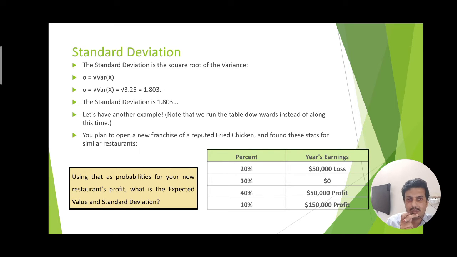So in such a case, if we want to find out what our expected earning yearly is, as well as what the deviation is, then we have to carry out the calculation for the mean and the standard deviation.